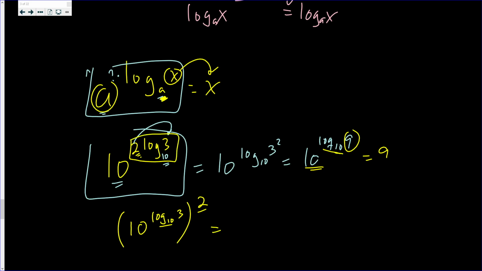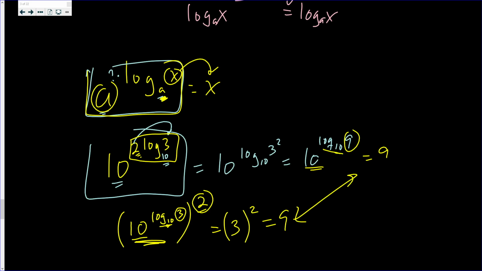Here, the inside is in the form of our formula. Base to the log of the same base equals a number. That number is 3. But whatever is in here, you have to square it. And you do get 9. Same answer. Either way you had to square this 3, so I would square it right away.